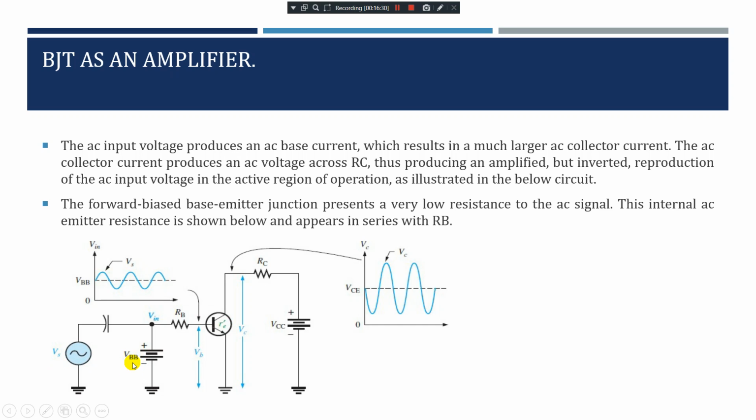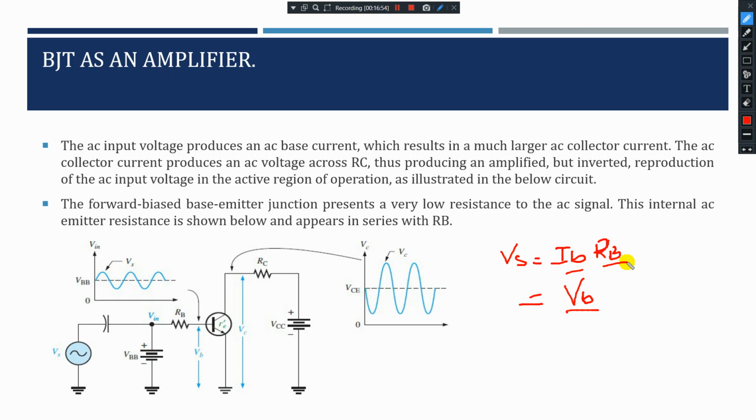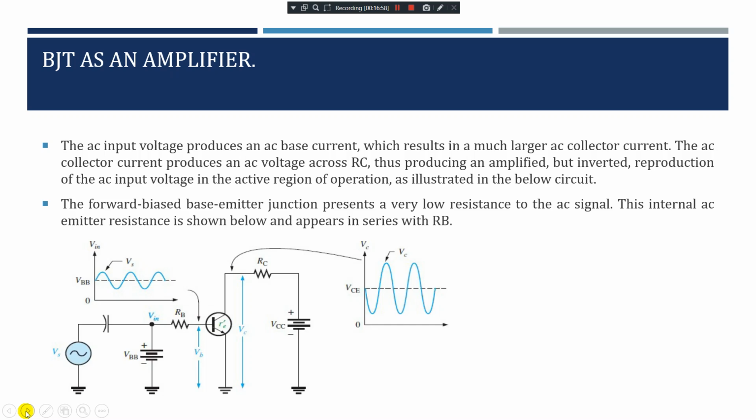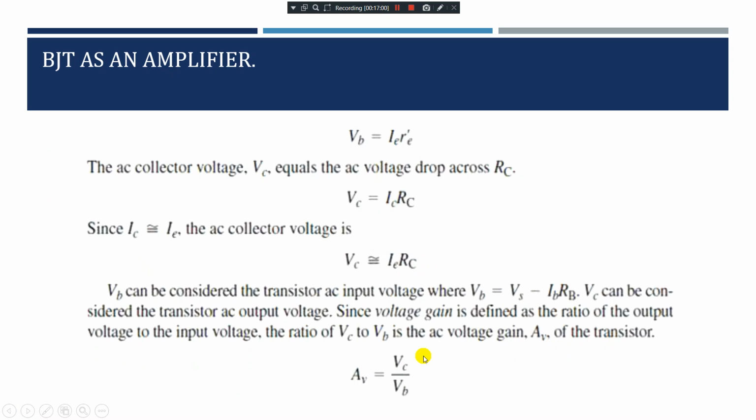What is VBB? VBB is nothing but IB, the current flowing through it, IB into RB, or we can call it VB, base voltage. Base voltage is the current flowing through the base into the respective resistance. So that is the reason we call it VB.